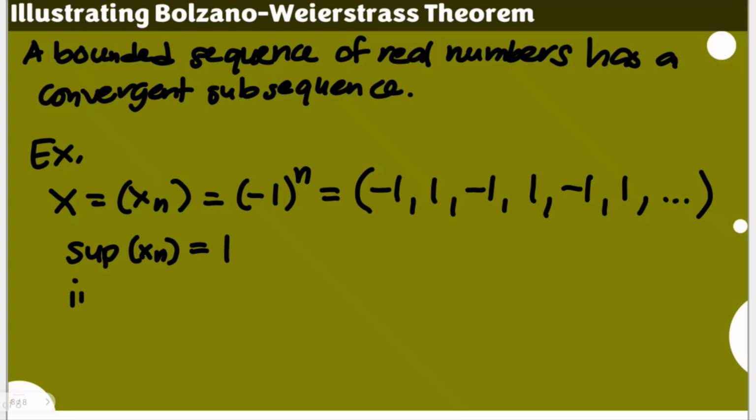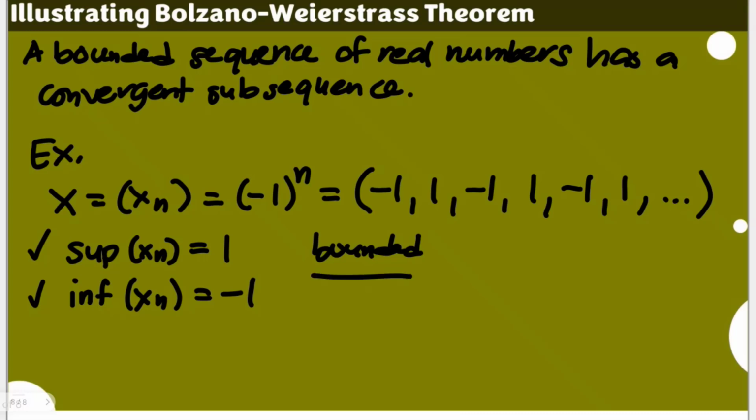And its infimum, the greatest lower bound, is -1. With these two established, it has a supremum and an infimum. It is both bounded above and bounded below. Then we can say this is really a bounded sequence of real numbers.